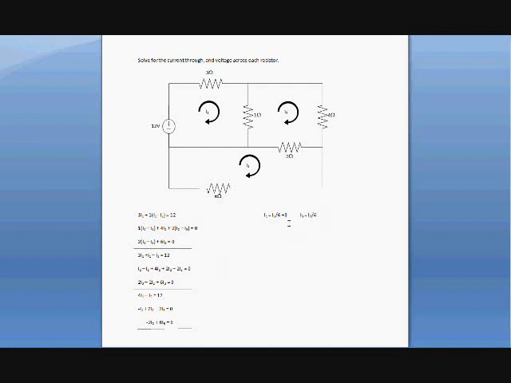I got this equation by math from this, and this equation by math from this. Okay, so I'll put a line there.